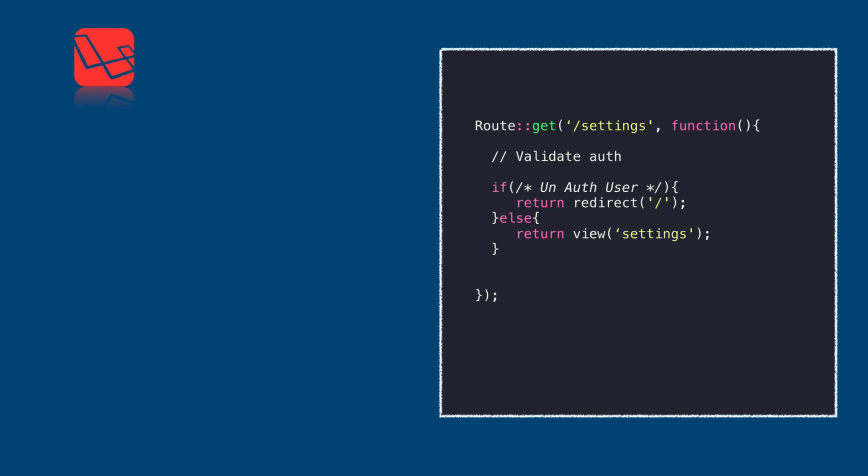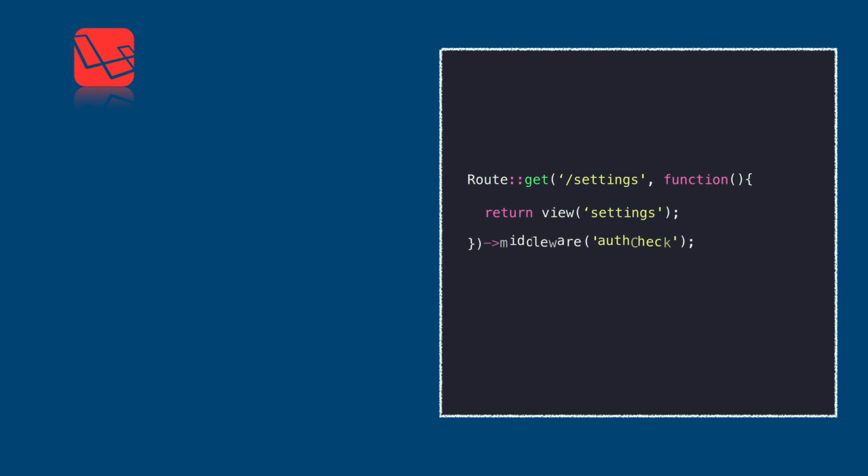So if I use middleware at this point, the code will look something like this. You just see. Now whenever the user requests the settings page, I am returning the settings page irrespective of whether the user is logged in or not, because before coming to the route handler I am using a middleware which is executed and checks if the user is authenticated or not.